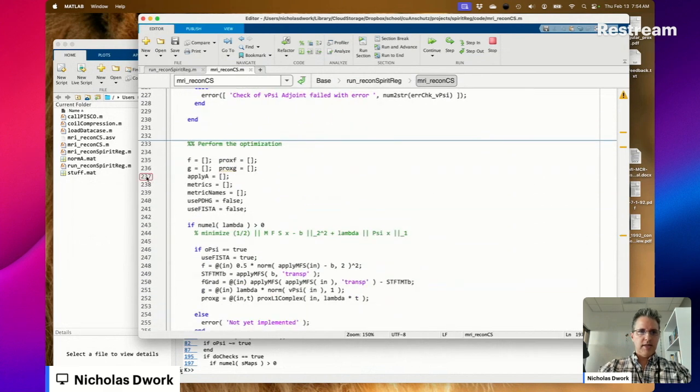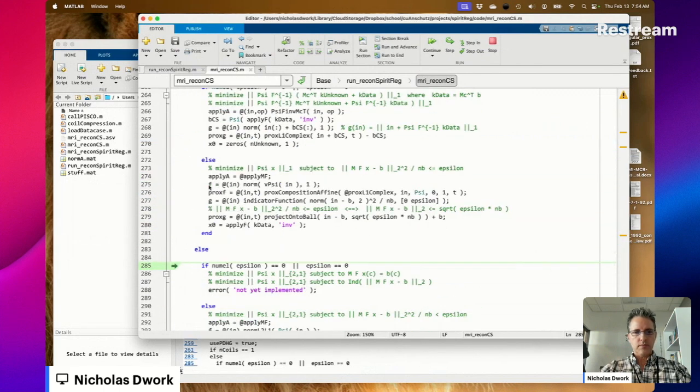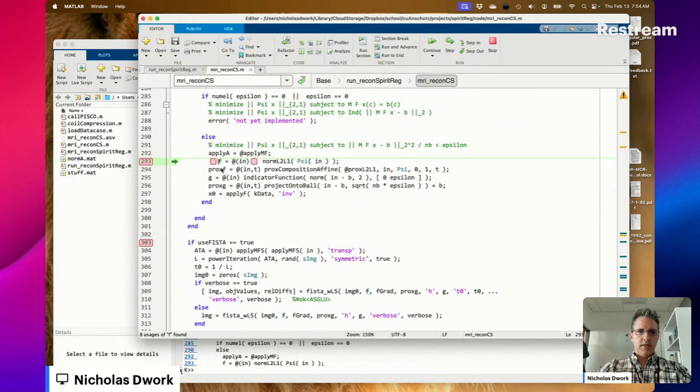Two checks all pass. I want to see all of these things operate.